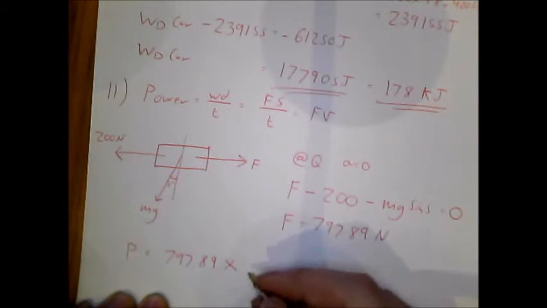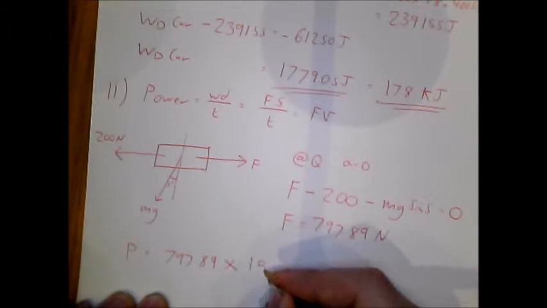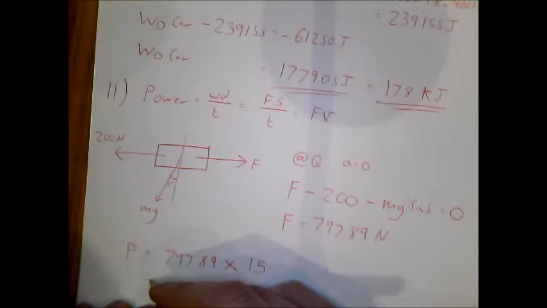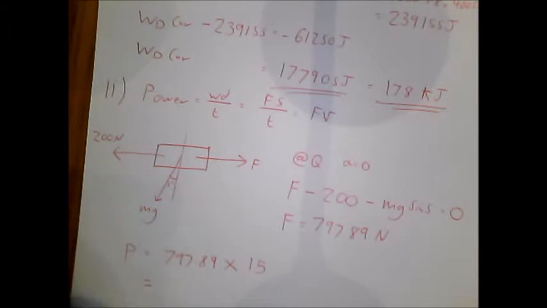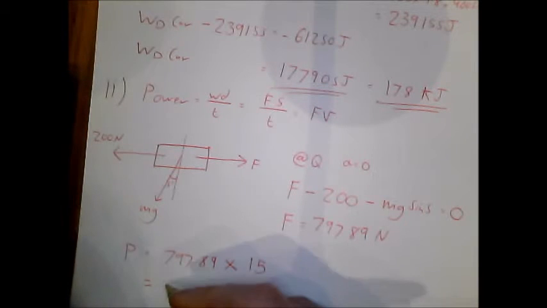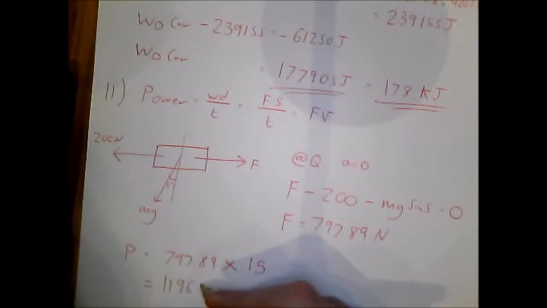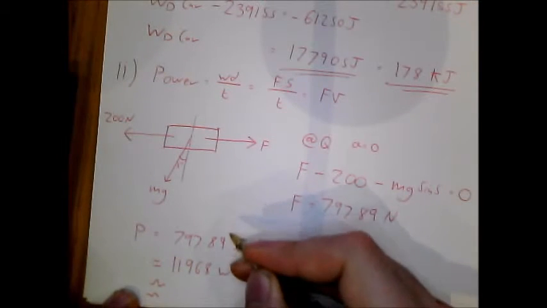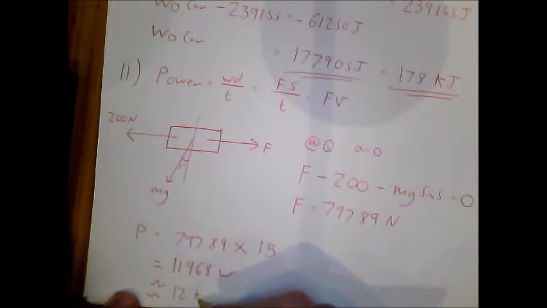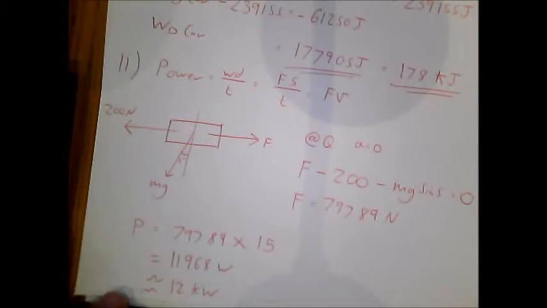I don't see point Q, so times by 15. If I do that quickly with my calculator, 797.89 times 15 is 11968 watts, which is approximately equal to 12 kilowatts. Job done.